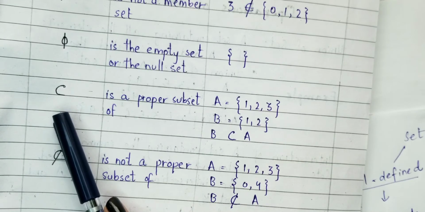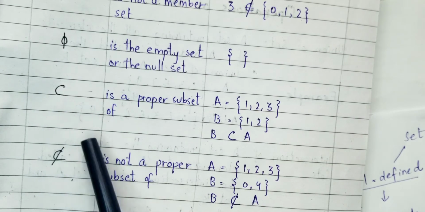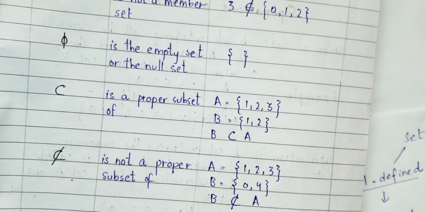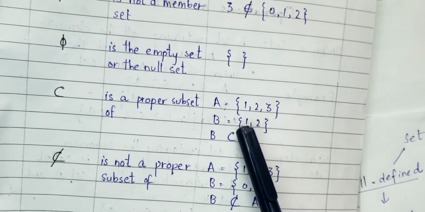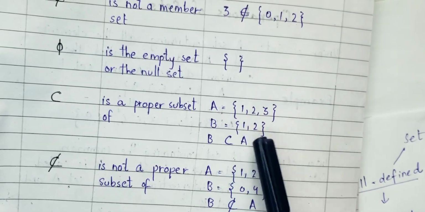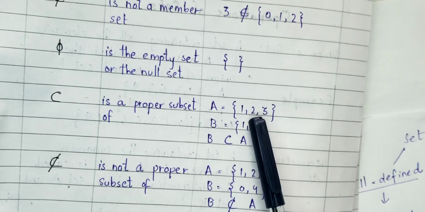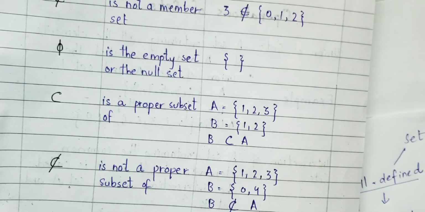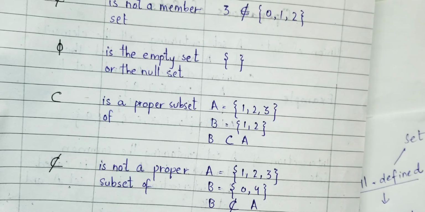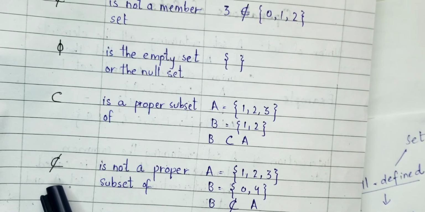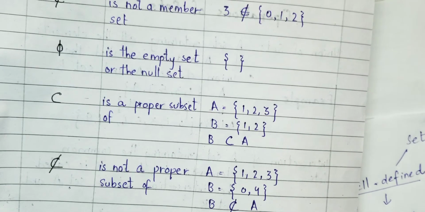Now the other one is proper subset of. This symbol represents that it is a proper subset of whatever the sets are. Suppose A is equal to {1, 2, 3} and B is equal to {1, 2}. So B is a proper subset of A because all its elements belong to set A. Not a proper subset means it contains a member that is not in the set.